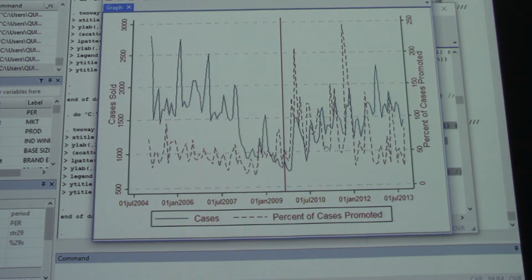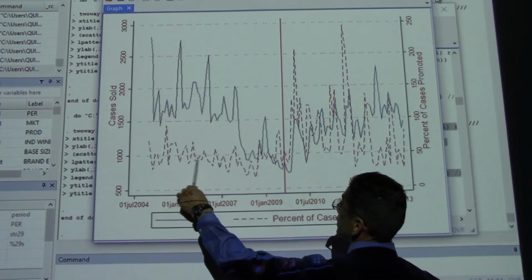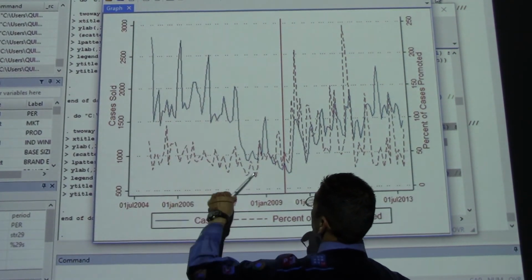Again, you can see this, and I think this is why the regression does not fit as well. We kind of see promotion drifting downward, so they're using promotion less, and this coincides with sales somewhat drifting downward.